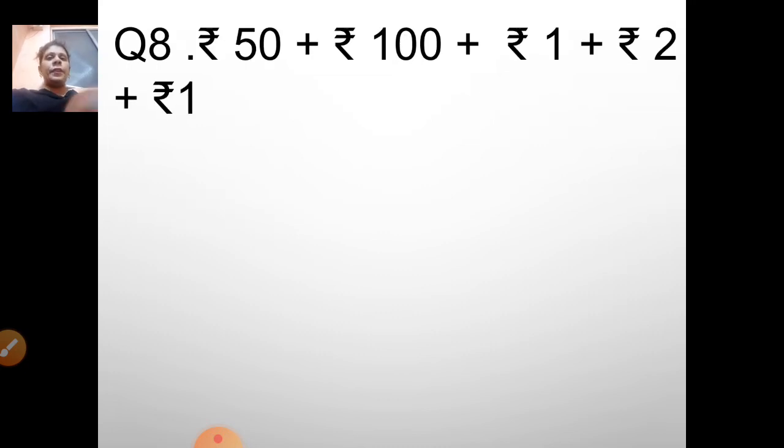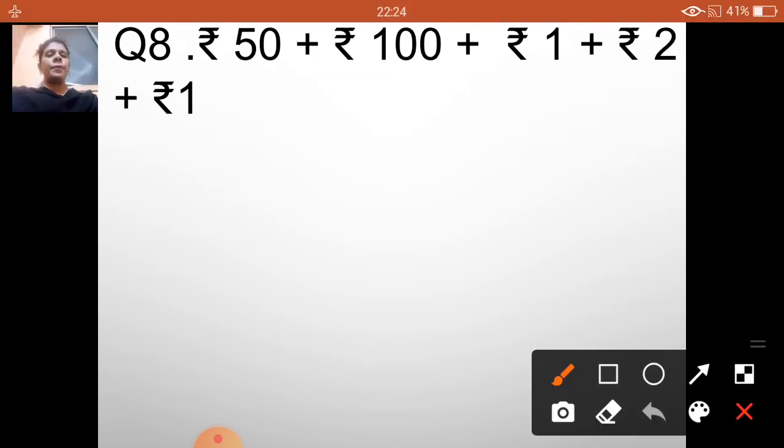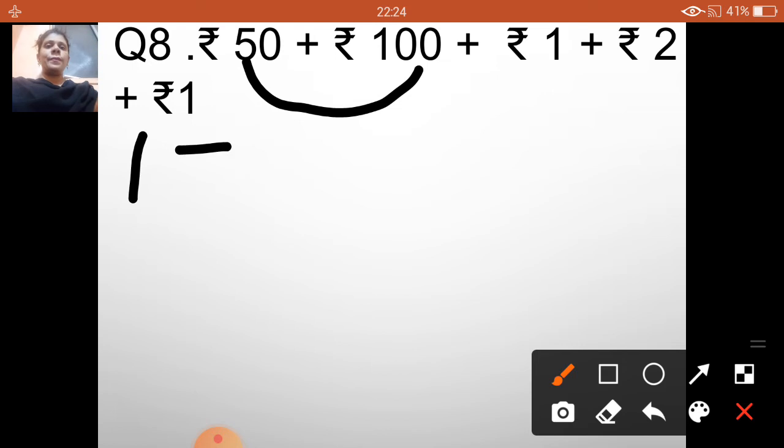Now let us count. Question number 8. Rupees 50 plus rupees 100 will be how much, children? If I am having a 100 rupee note and I add one more 50 rupee note to that, what amount will I have? Yes, 150 rupees.